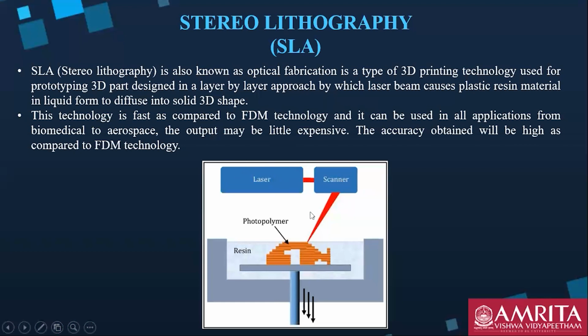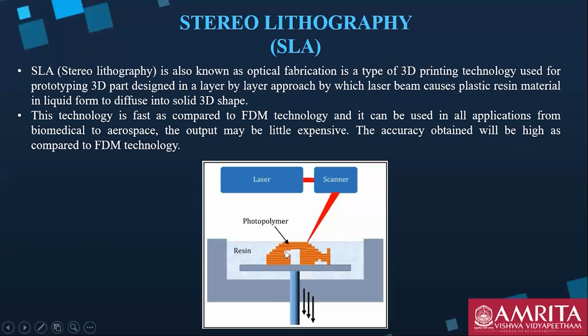Now, let us talk about the basic components this technology includes. It has a bed that is filled with resin. Resin, as I will show you later, is in liquefied form. You must have seen epoxy resin like that.